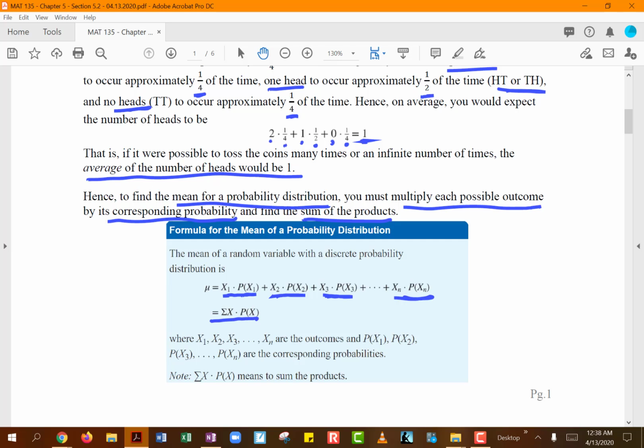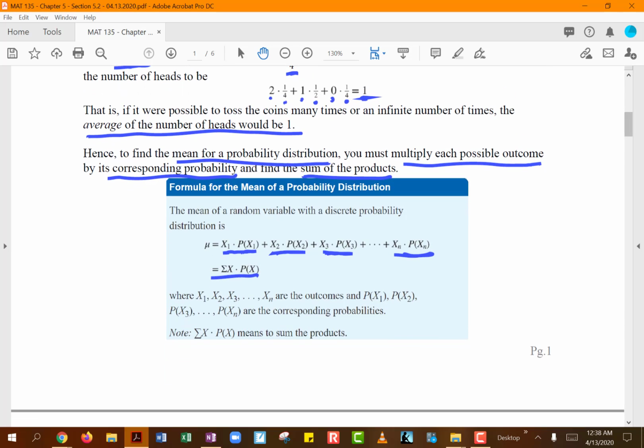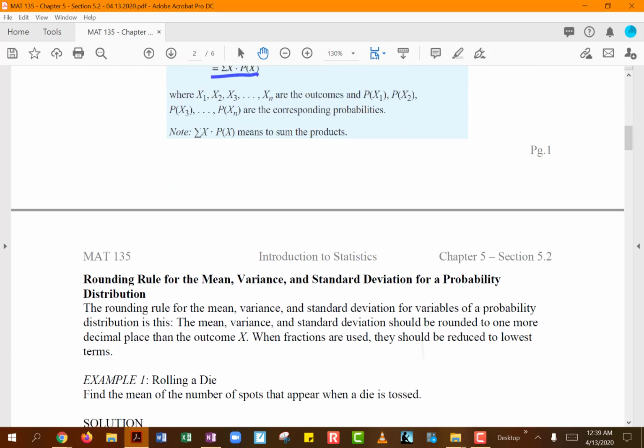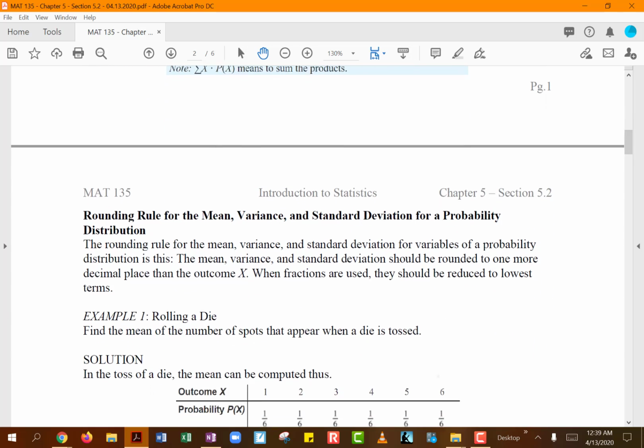So this is your formula for finding the mean for a probability distribution. And again, you will notice here we're using the Greek letter mu to represent our mean, okay? So this is just talking about n possibilities, depending on how many total possibilities you have, okay?